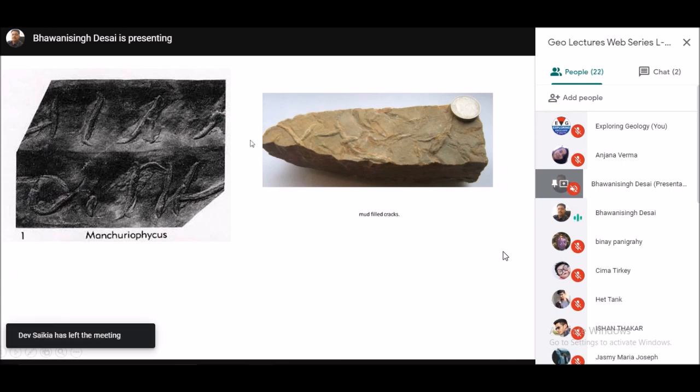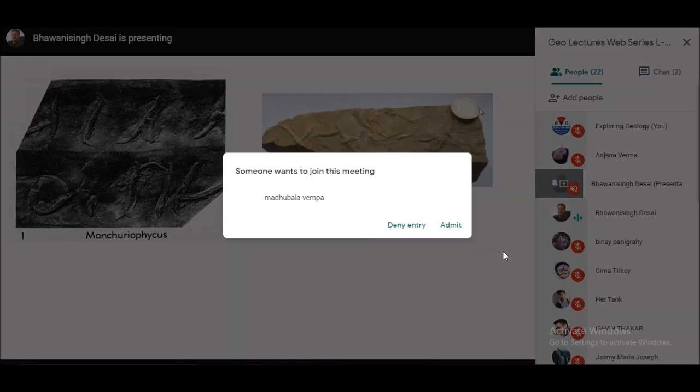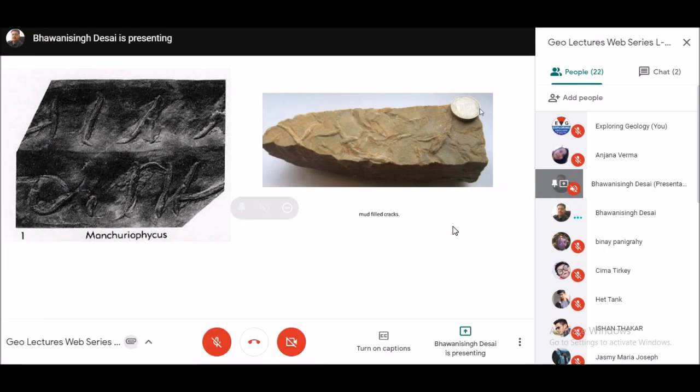Now, how do we identify whether it is a mud crack or a trace fossil? The first thing is that if you see very carefully, the dimensions are not uniform. It is tapering out, like this. So these are the first few criteria to identify what are pseudofossils and what are actual trace fossils.